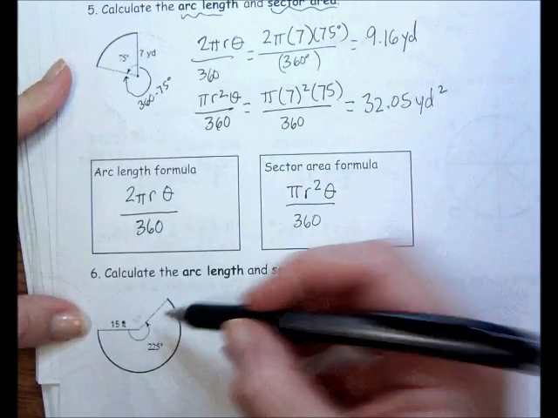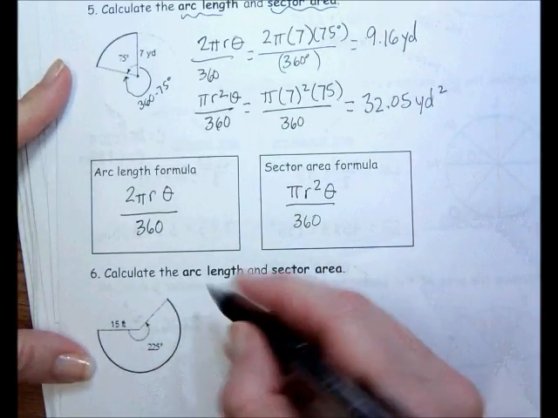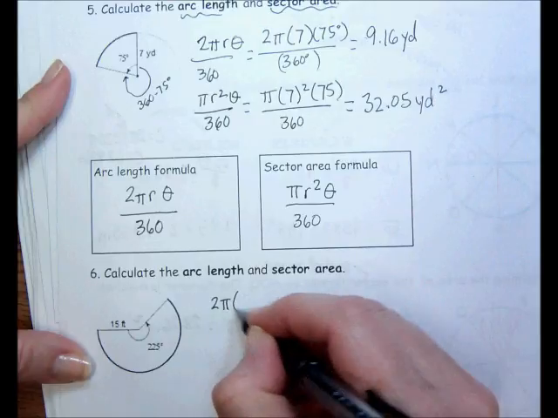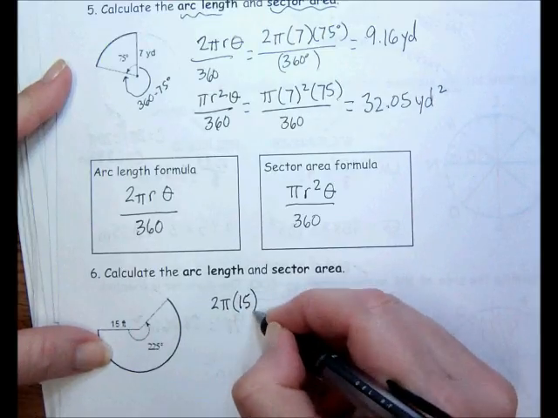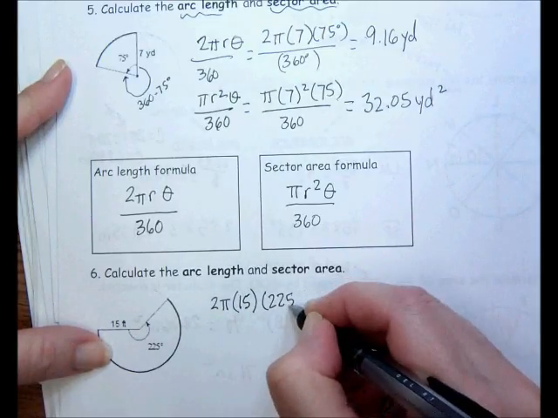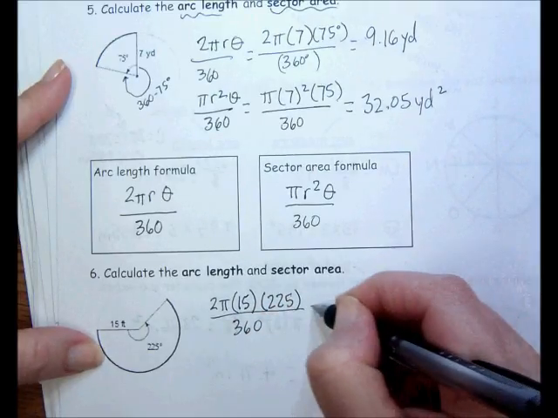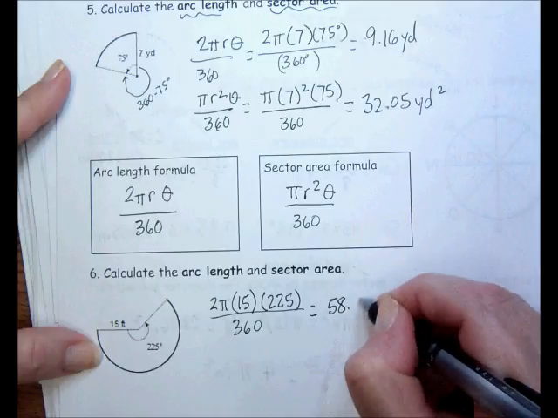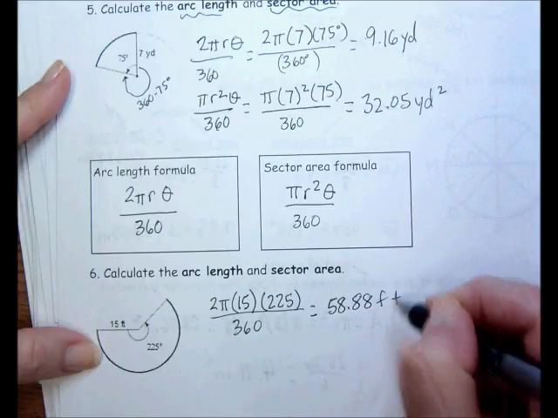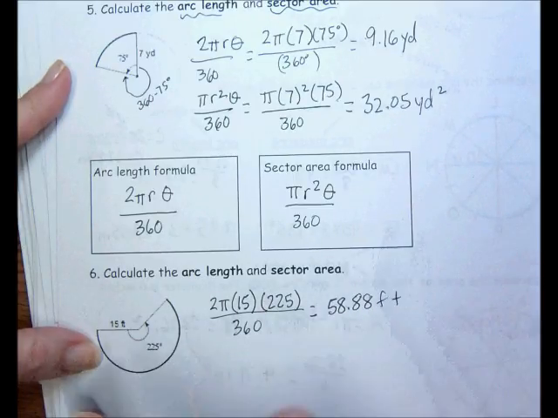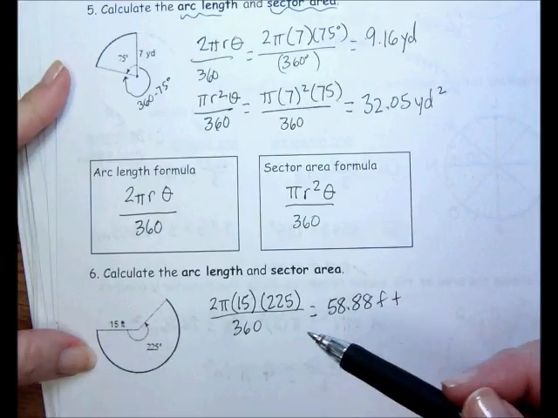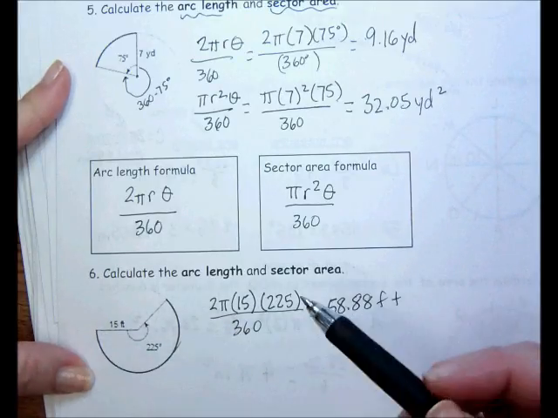Okay, so in this situation down here, I'm still using the same formula. I have 2 pi, and then I plug in my radius, and then my degree is 225 divided by 360. When I plug that into my calculator, it's 58.88 feet. And the unit is just feet, because I'm just measuring the distance around this part of the circle.